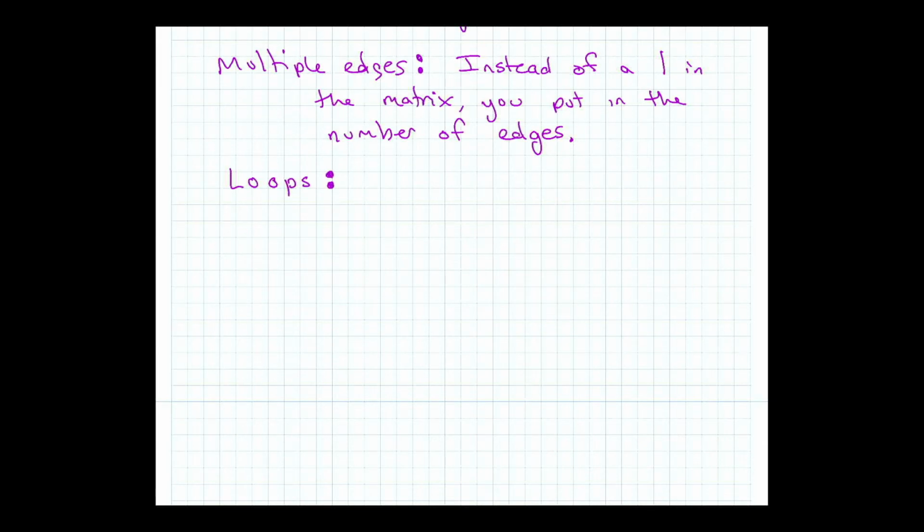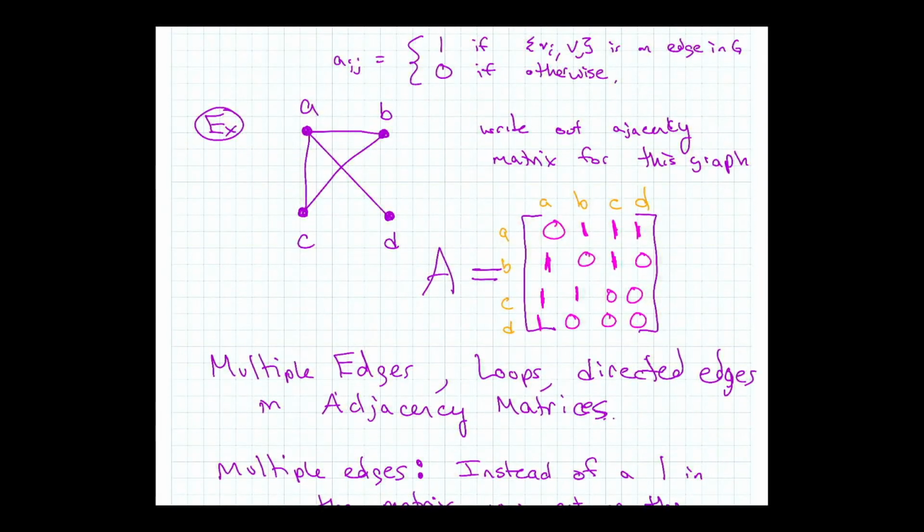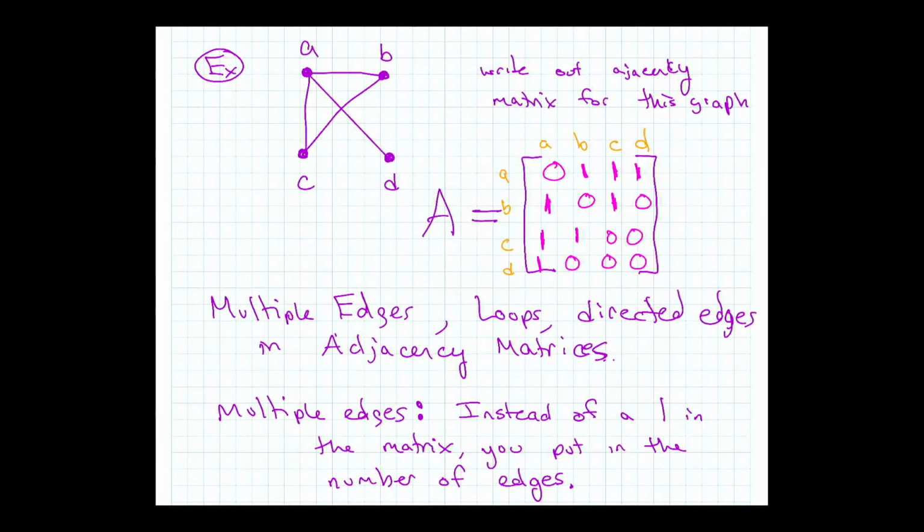Now, the only problem with loops is you have to decide what number to put into the matrix. Let's say we come back to this graph here and I put a loop on the D. Now you would say, okay, well, that's an edge from D to D. So you would go to DD and you put in a number, right? But what number? So here's the thing.